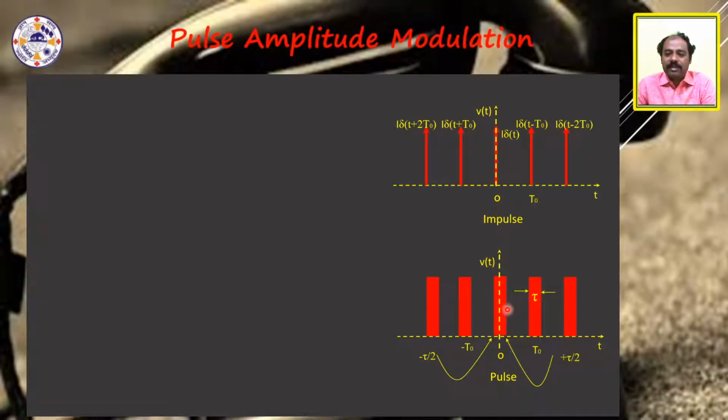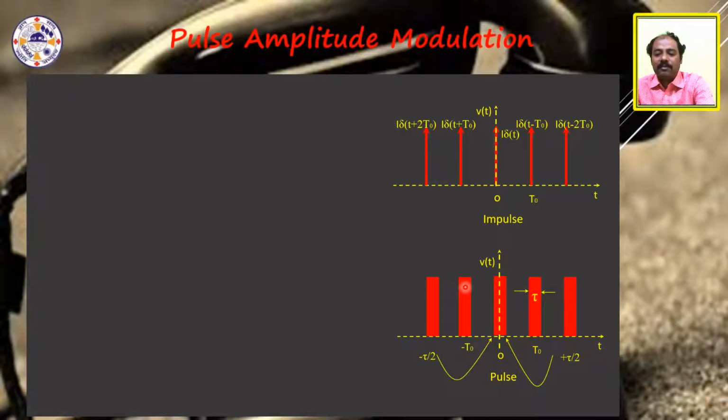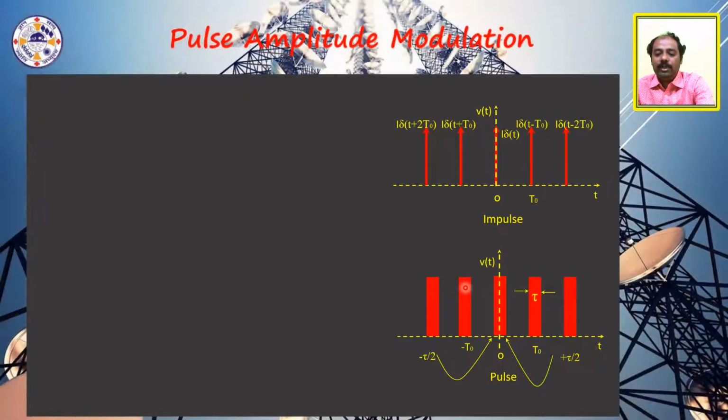But in our second figure, you can easily see that the width of this pulse is tau. It extends from minus tau by 2 to plus tau by 2. So the difference between pulse and impulse is that a pulse has some finite duration, whereas an impulse is instantaneous, that is, it has no time scale, no width.